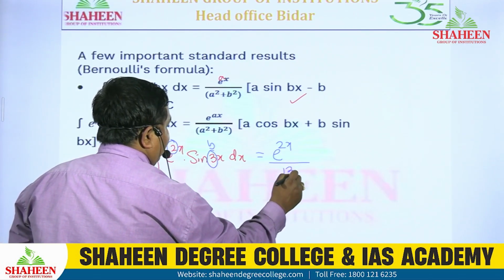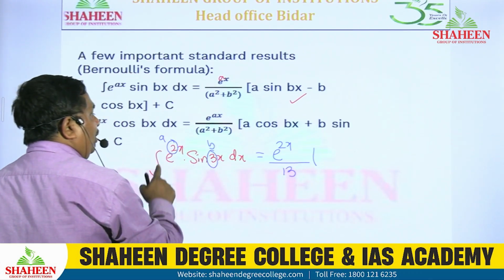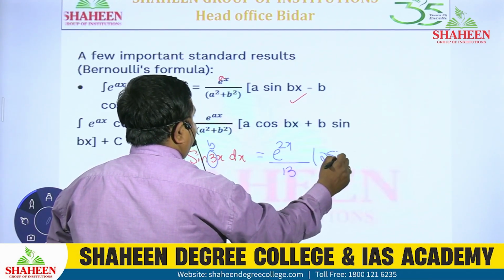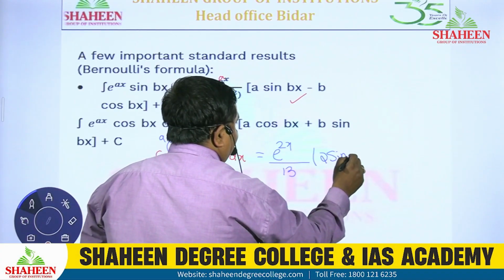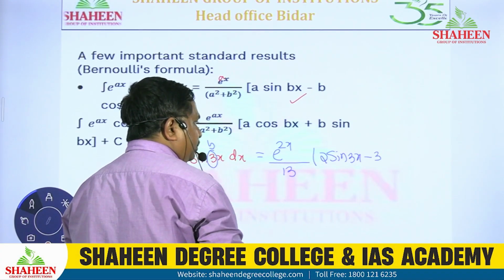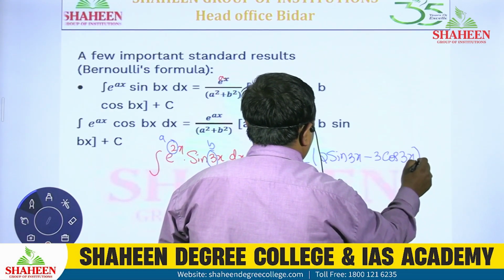Into a value, which is 2, 2 into sine bx, bx is 3x, so 2 sine 3x, minus b means 3 cos 3x, plus c.